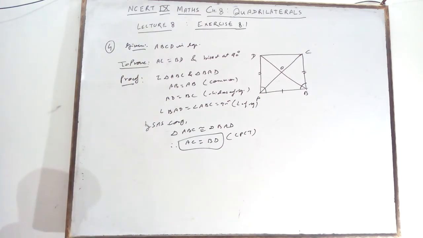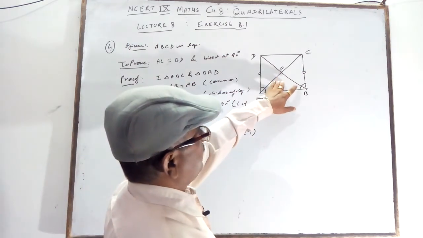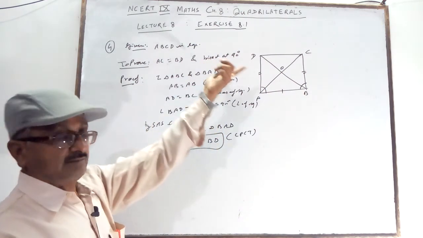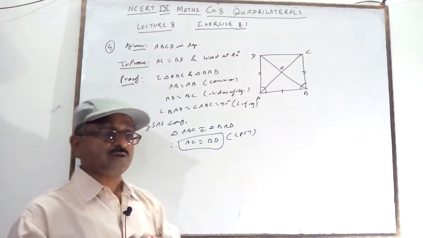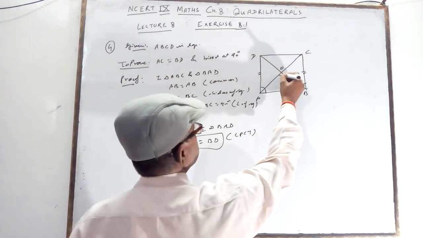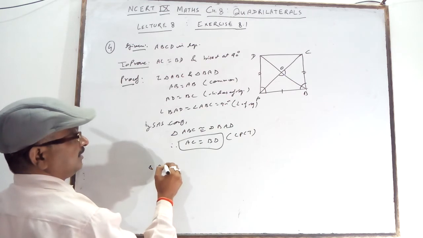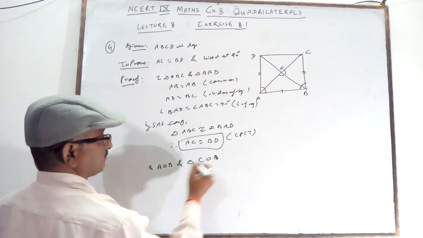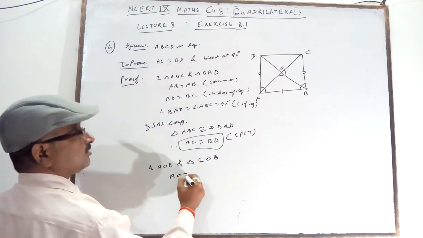Now you can prove the diagonals meet at 90 degrees. It is a parallelogram, because square is a parallelogram, so AC and BD bisect each other. Now you want to prove it is 90 degrees. Again you write triangle AOB and triangle COB. AO is equal to CO because diagonals bisect each other.